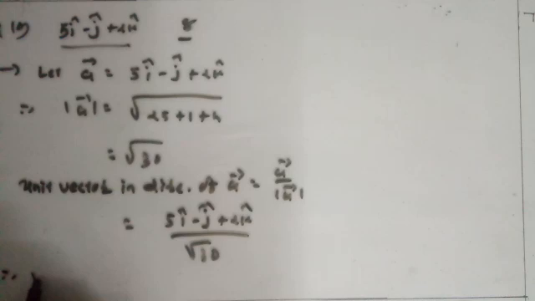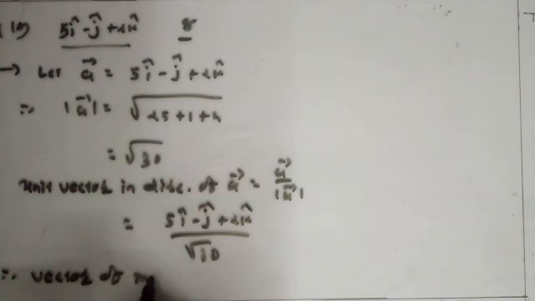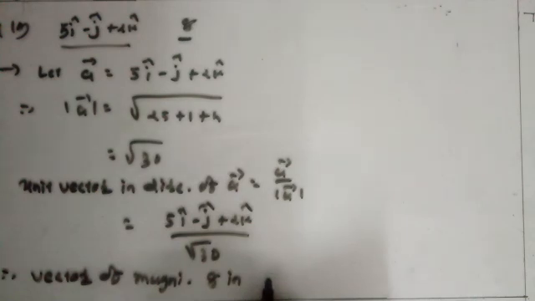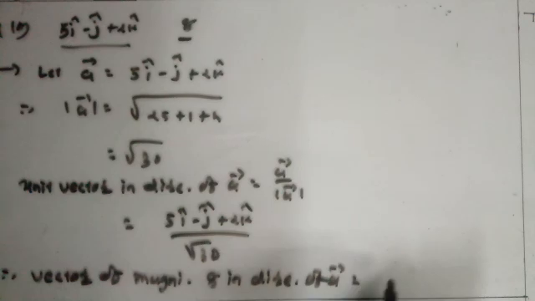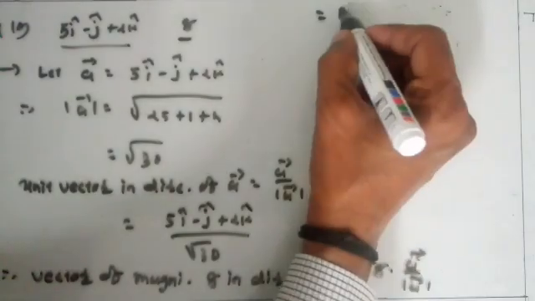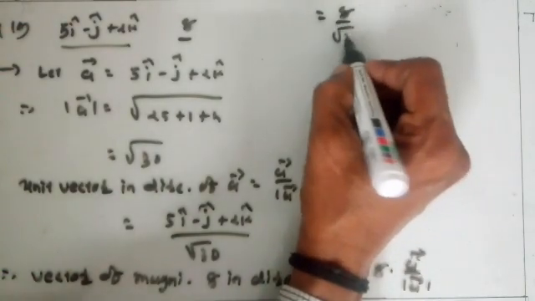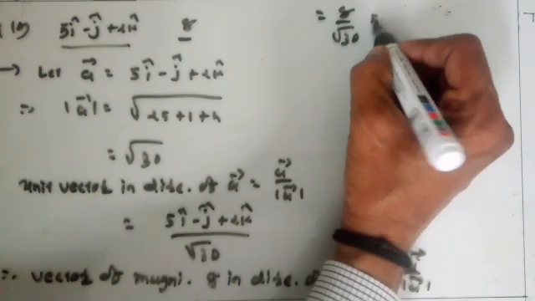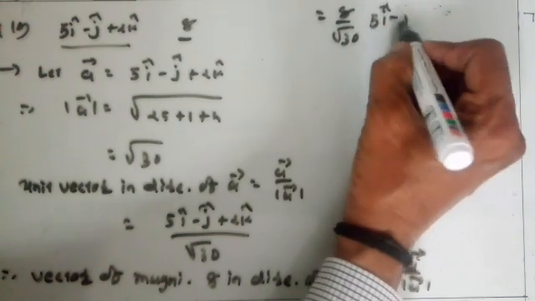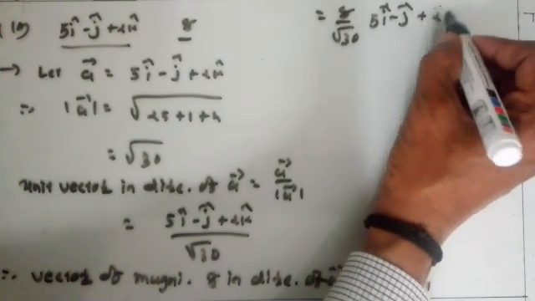Therefore, vector of magnitude 8 in the direction of A is equal to 8 into unit vector in the direction of A, that is A upon mod of A, which is 8 upon root 30 into 5i minus j plus 2k.